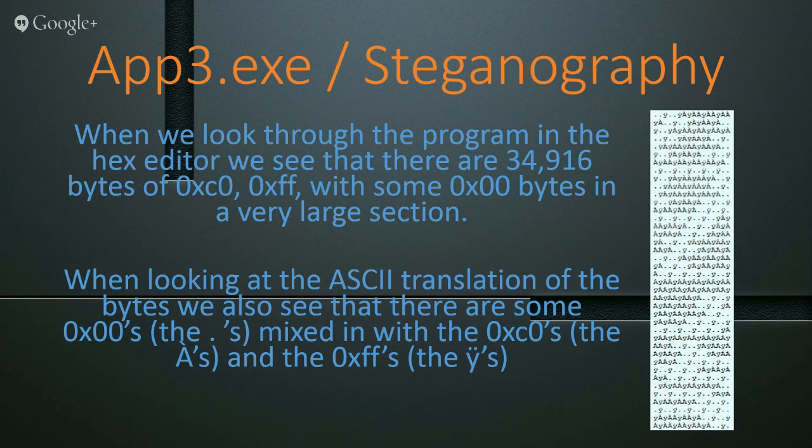It looks somewhat like nonsense, but there also may be some sort of pattern, possibly. As it says below, the 00s appear as the dots, the C0s are the A's, and the FFs are the Y's. That's just the potential ASCII translation that the hex editor did.